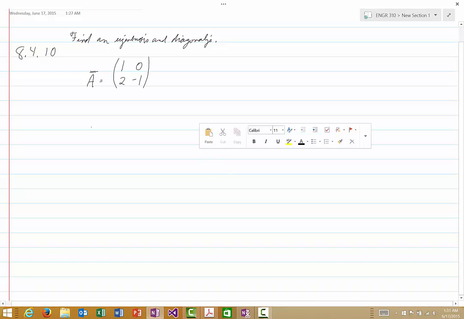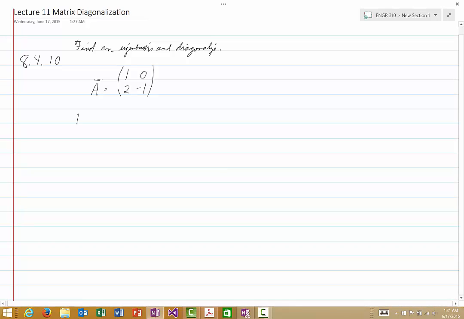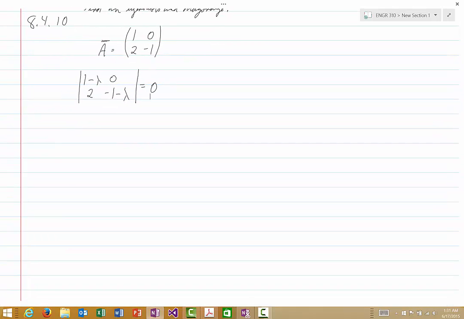Remember that to find the eigenvalues, we will set the determinant of A minus lambda I equal to 0. So we have 1 minus lambda, 0, 2, minus 1 minus lambda. That determinant is equal to 0. So we have 1 minus lambda times minus 1 minus lambda minus 2 times 0 is equal to 0.